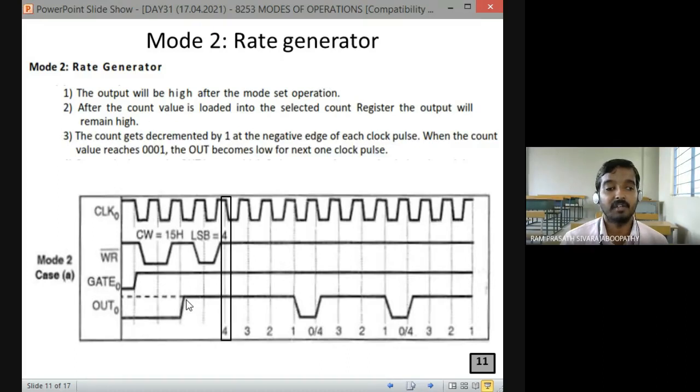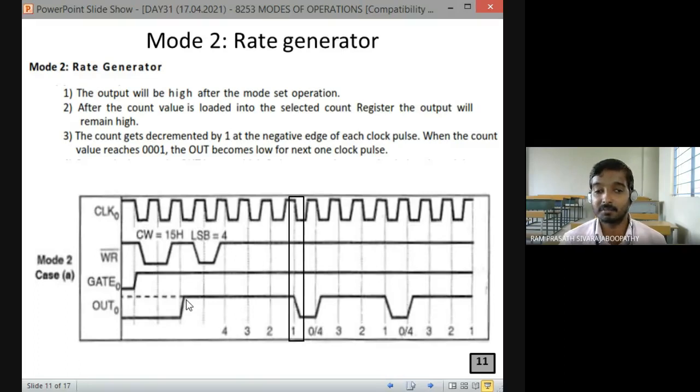On every negative edge of each clock pulse, the count is going to get decremented. Pay close attention here. When the count value reaches 0001, there is no terminal count here. When the count value reaches 0001, at that point of time, the output changes from high to low.